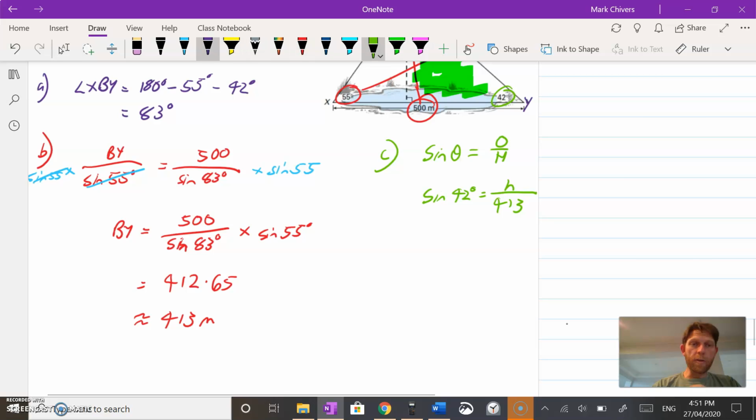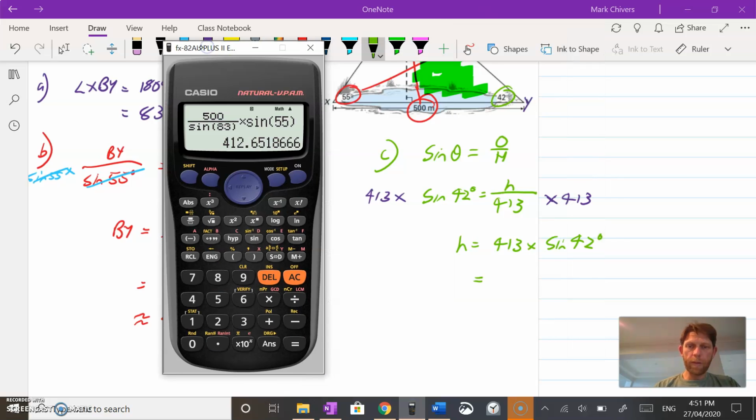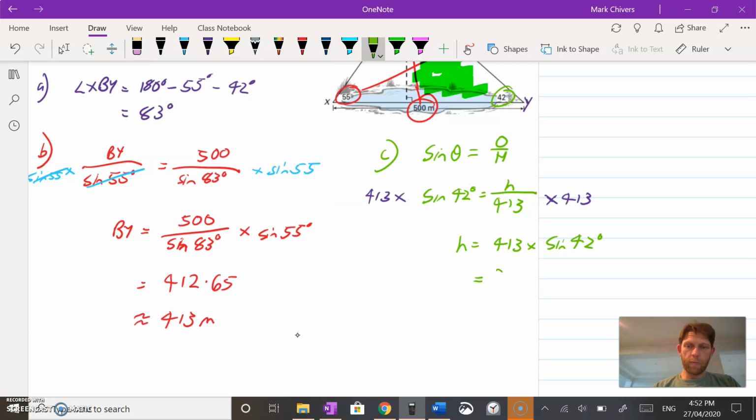So if I multiply both sides by 413, I'm going to end up with h equals 413 times by sine 42 degrees. And if I key that into my calculator, 413 times by sine 42, we get 276.4 meters.